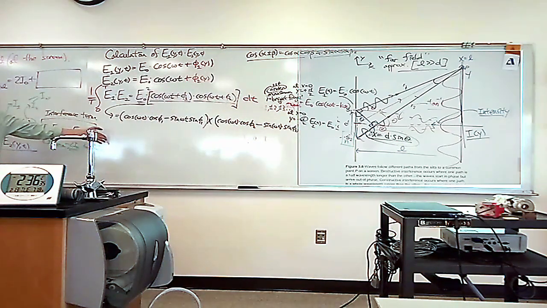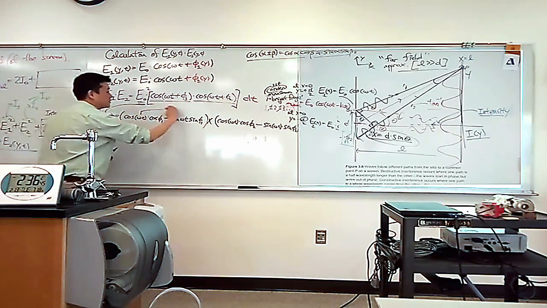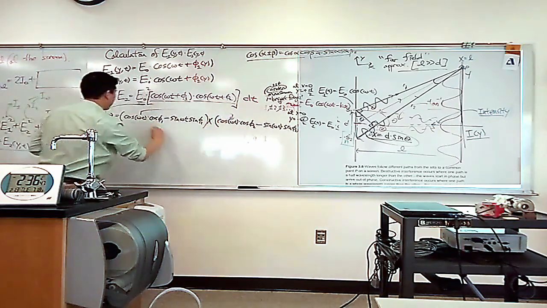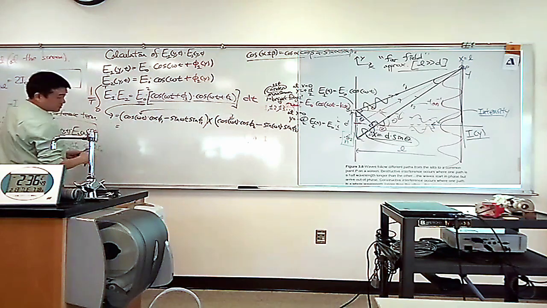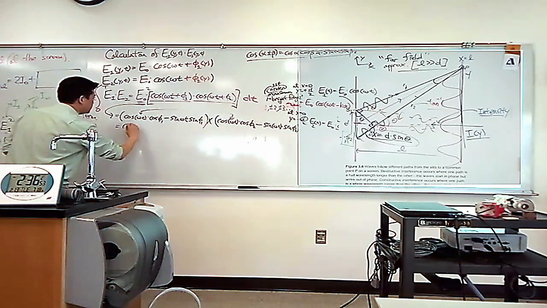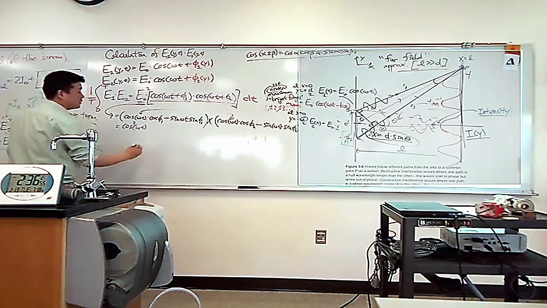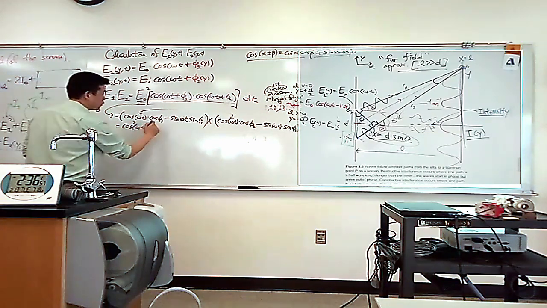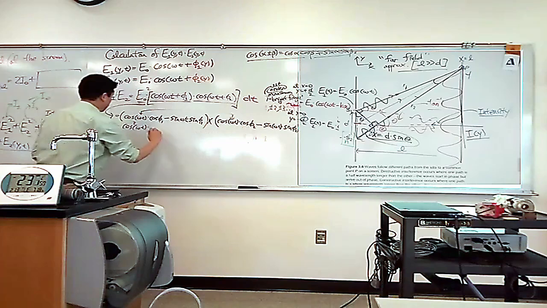Good? Didn't make any mistake? I need to expand this out. There are going to be 4 terms from the multiplication. So this one first: cosine squared omega t times cosine phi1 cosine phi2.